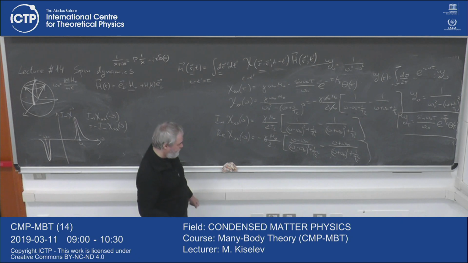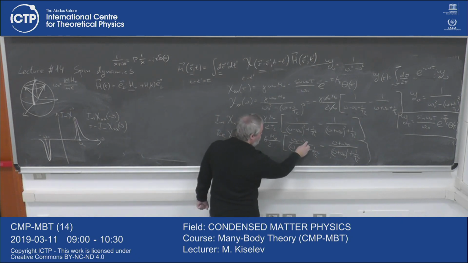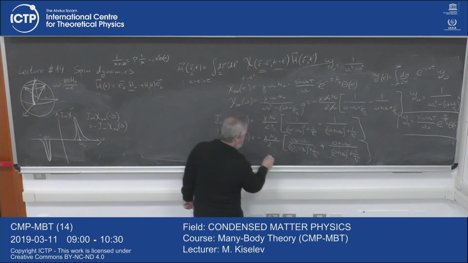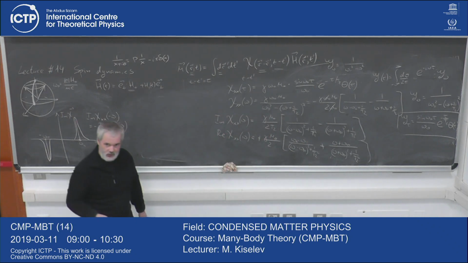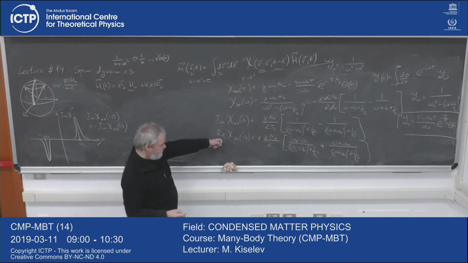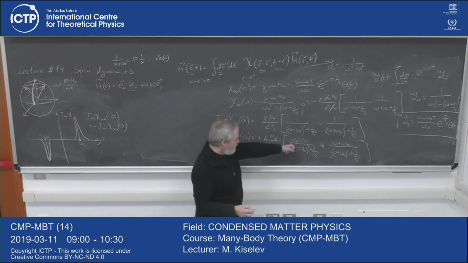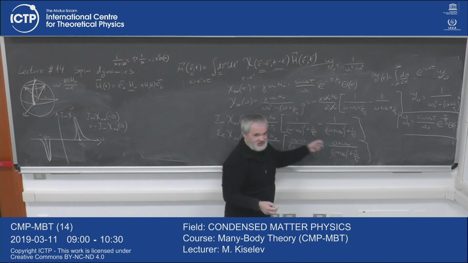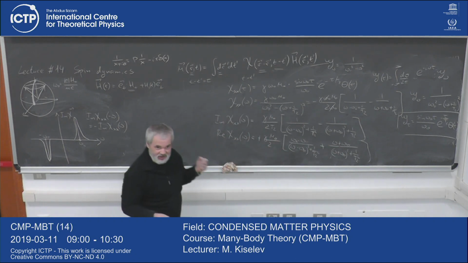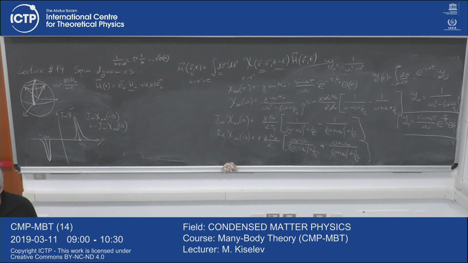And what I can do is change sign here, write it omega naught minus omega. I put plus here and I put plus here. Okay? So what I see, in fact, is that the real part is indeed an even function. I replace omega by minus omega. This term transfers to this one and this transfers to this one. So the real part is an even function of the frequency.